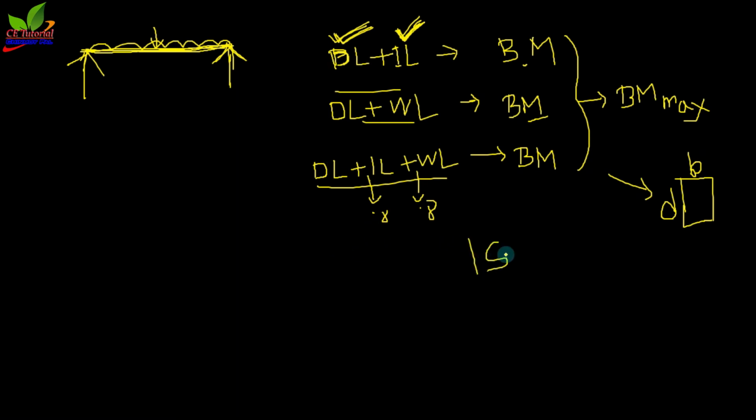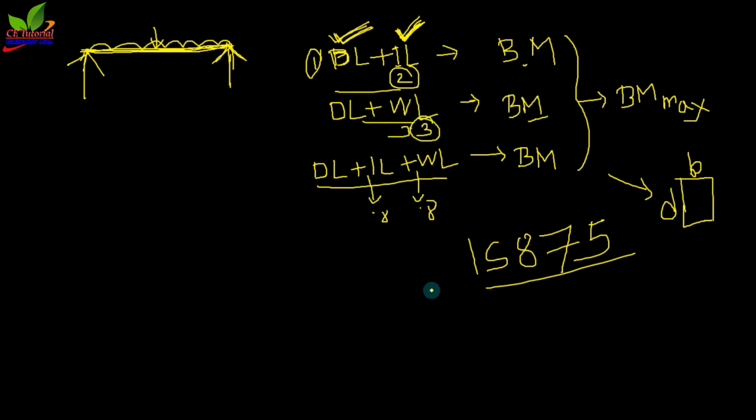This is IS 875. Part 1 is for dead load, part 2 is for imposed load, part 3 is for wind load, and part 4 is for snow load. You don't require snow load right now.